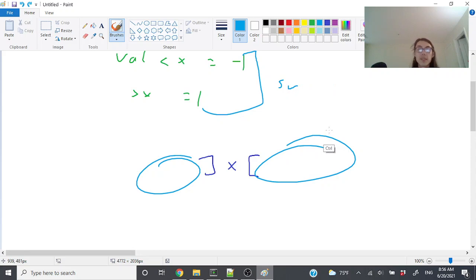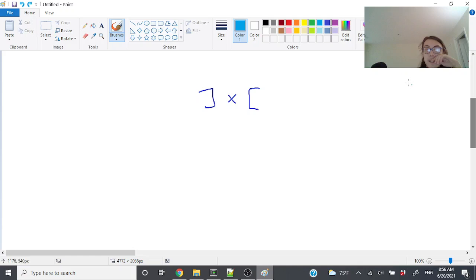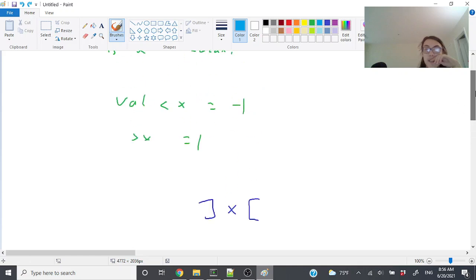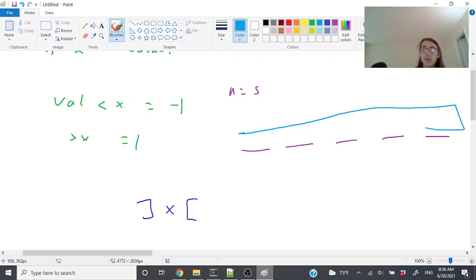This idea also helps us in finding the position in the sorted array. So let's use an example: consider n equals 5. What are the values for each position? Actually, I'm going to go back to equal to now.